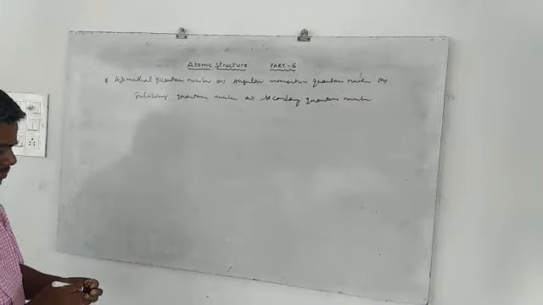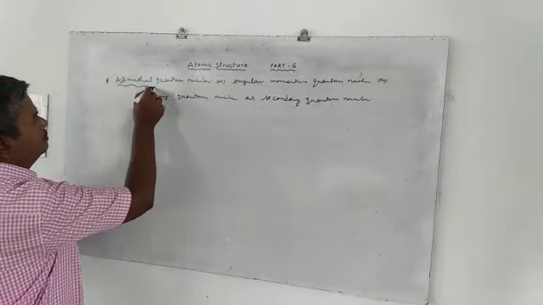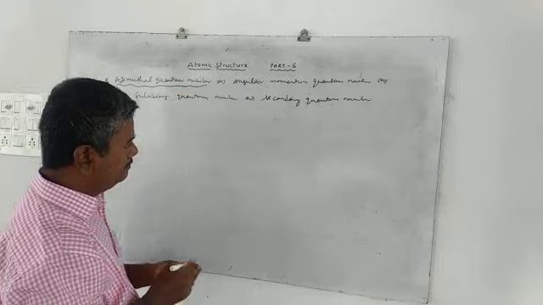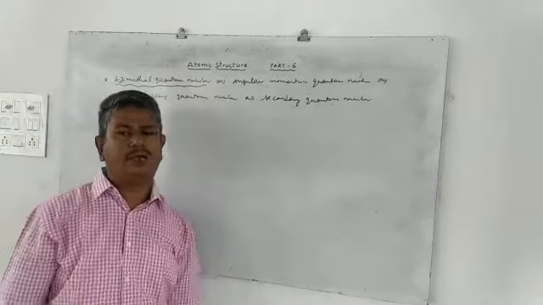So these are all the names of which one? Azimuthal quantum number, or angular quantum number, or subsidiary quantum number, or secondary quantum number.